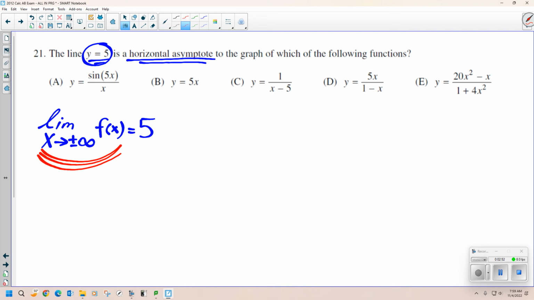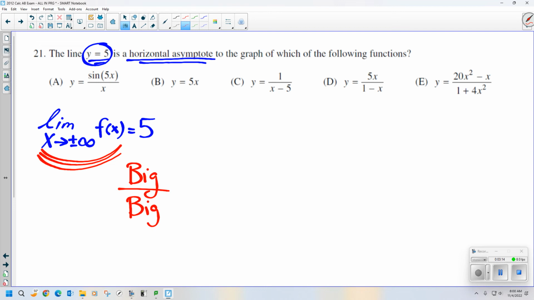But if we have a fraction, we keep the biggest term on the top and the biggest term on the bottom, so our numerator and denominator, and then we reduce. Maybe the x goes away and we're just left with the value, 5. Or there's an x remaining where I put the infinity in and I evaluate.